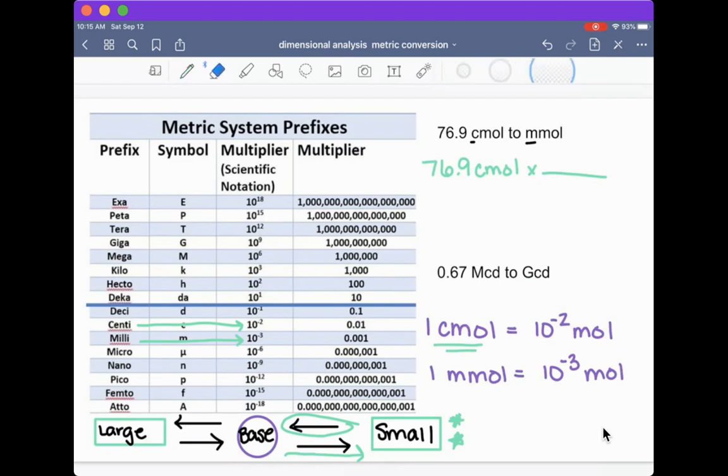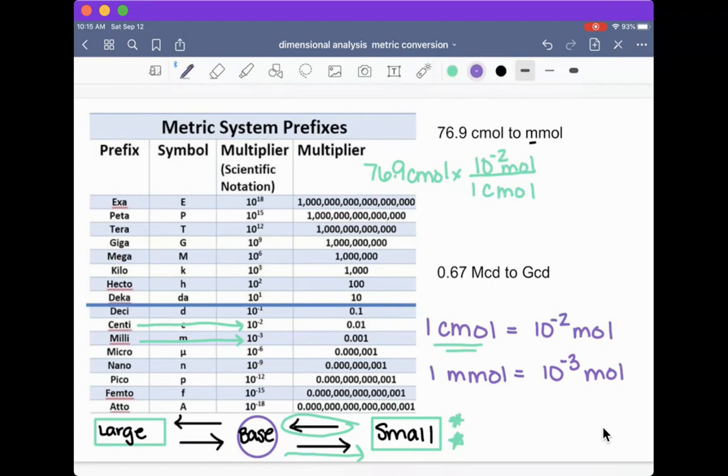Actually, I'm going to move this over so that we have some space to put it all out. I'm going to move this guy over here a little bit onto the table. I have such big handwriting and I want to make it clear enough for you to see. All right, so the centimole, in order to get it to cancel, must be in the denominator, and that'll leave the 10 to the minus 2 mole on top.